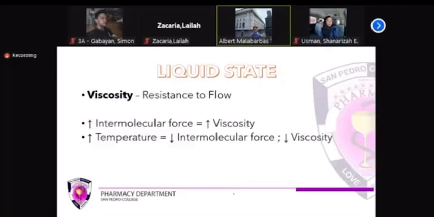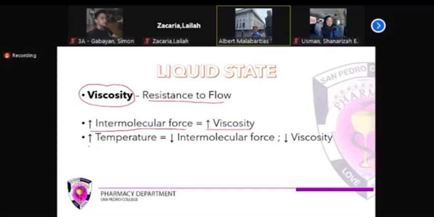Okay. Now, under liquid state, an important property of your liquids is that they exhibit viscosity. When we say viscosity, it is defined as the resistance to flow. In terms of intermolecular forces, the higher the intermolecular forces present, the higher the viscosity of that liquid.